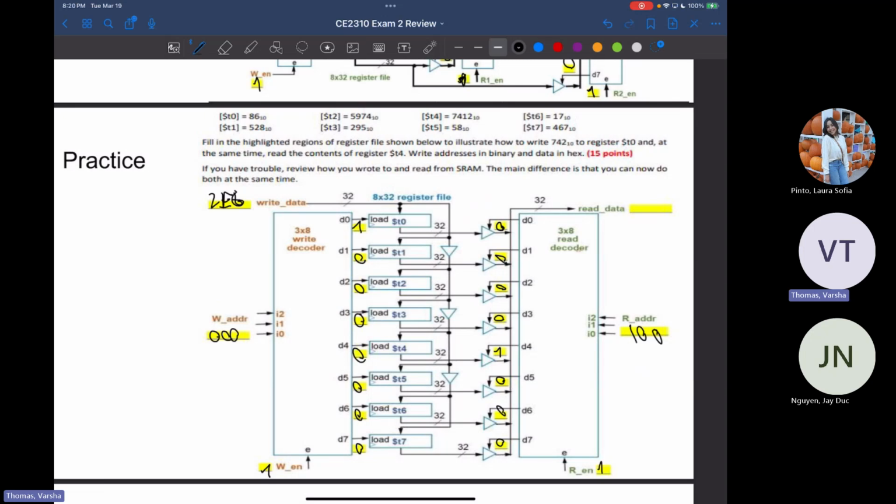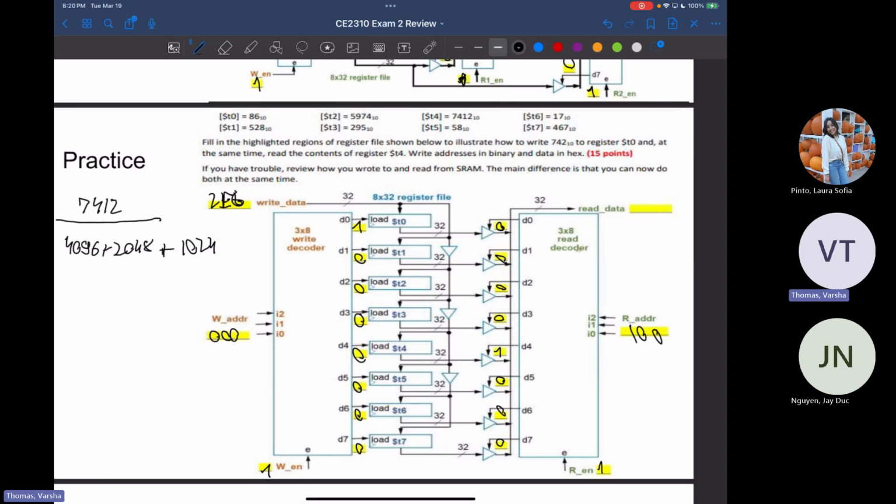And now we have to convert T4, 7,412 into binary. So let's start. 4,096 plus 2,048 plus 1,024 plus 256.